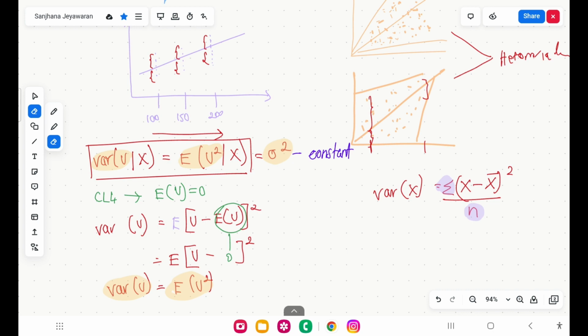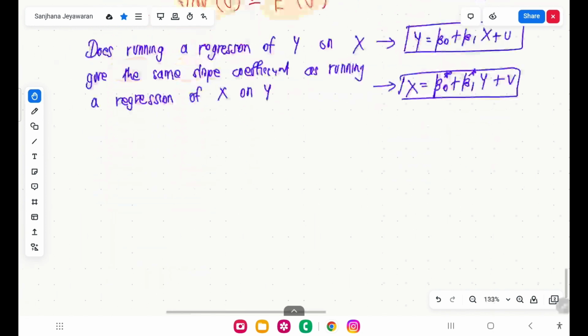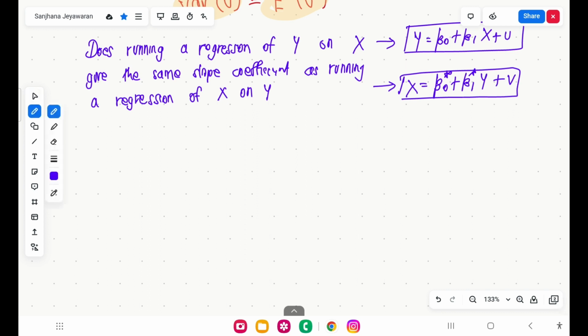So that's it with the CLRM assumptions from CL1 to CL5. But before we end this part, I have a question for you all. Does running a regression of y on x, where we have y as the dependent variable and x as the independent variable, give the same slope coefficient as running a regression of x on y?